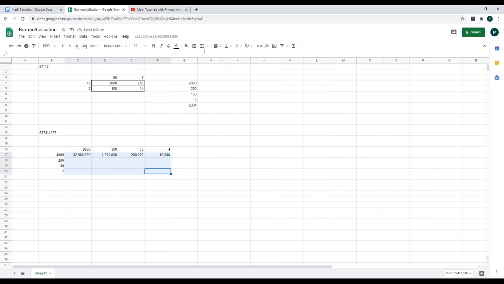Oh wait, I forgot to add borders. Silly me. Next, we're gonna do 200 across. 200 times 8,000 is 16,000 times 100, which is 1,600,000. 200 times 300 is 60,000.